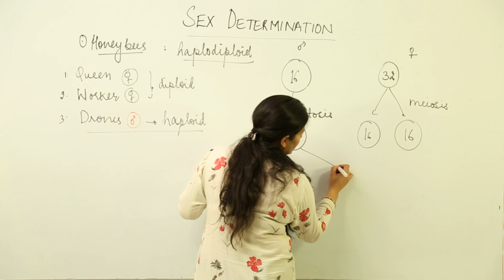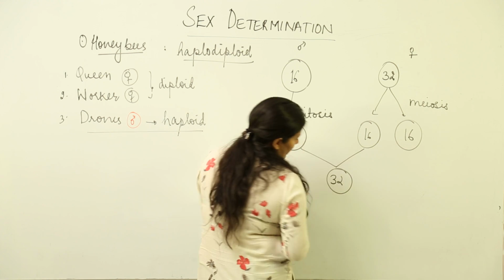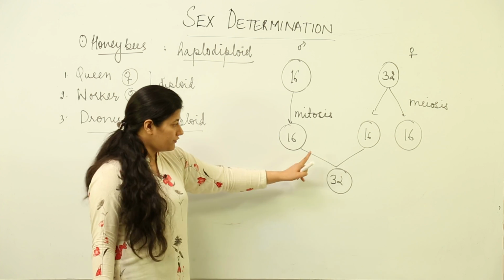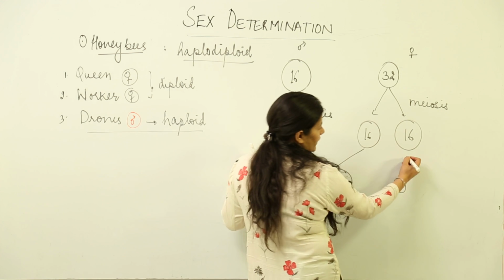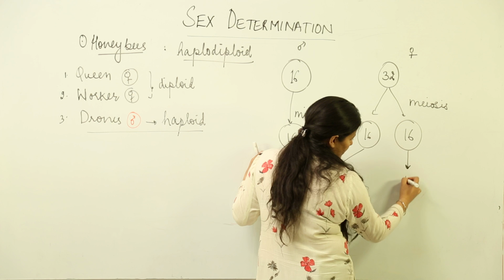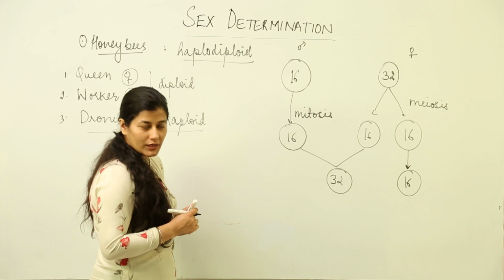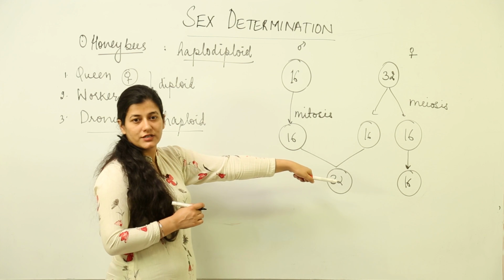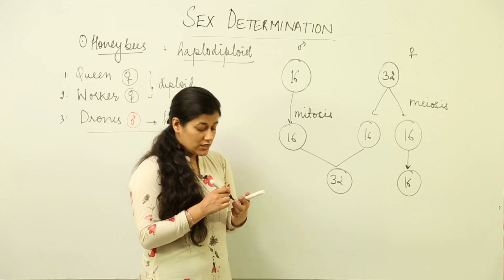Now there would be fertilization, and as a result of fertilization, a female would be born. But supposedly fertilization does not take place, then you are going to get a male again. The gamete formed by meiosis, if there is no fertilization, gives the male.